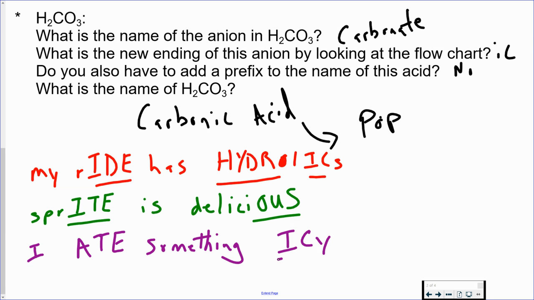Now, the reason that I say icky and you might say icy is because ick is the ending that we're looking for. So ate goes to ic. And those are my three phrases that really help students keep in mind what endings go to prefixes and new endings, or what new endings would then go back to the anion ending.